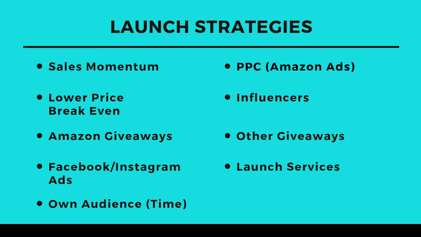But we're going to talk about it from the point of view of a new seller launching a new product on Amazon, because remember from the video on sales velocity, we want to get our sales momentum up to the level of the products in the top 10 for 15 to 30 days. We want to keep at that level, and then what will happen is our launch strategies will be replaced by organic sales.